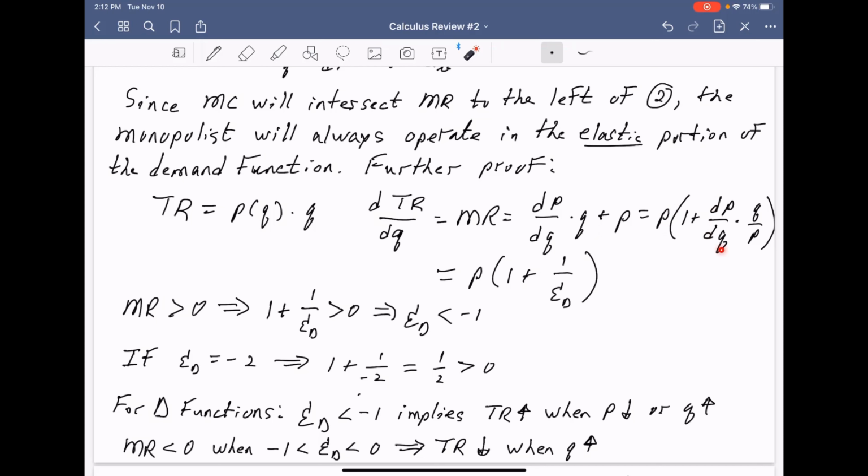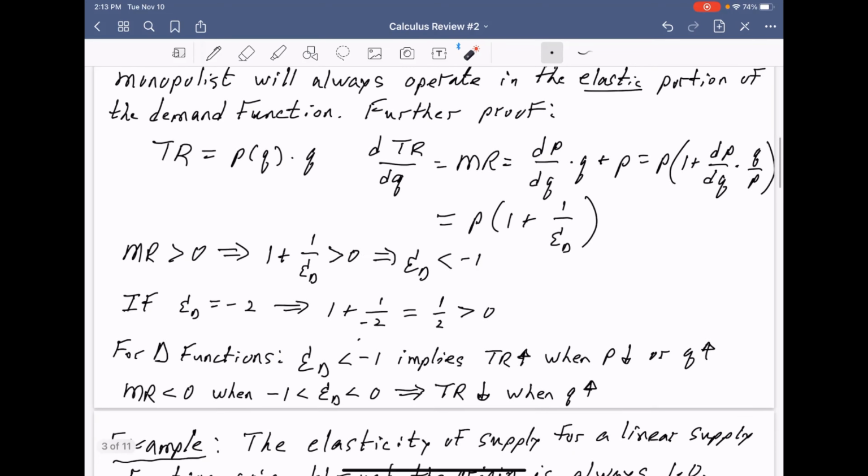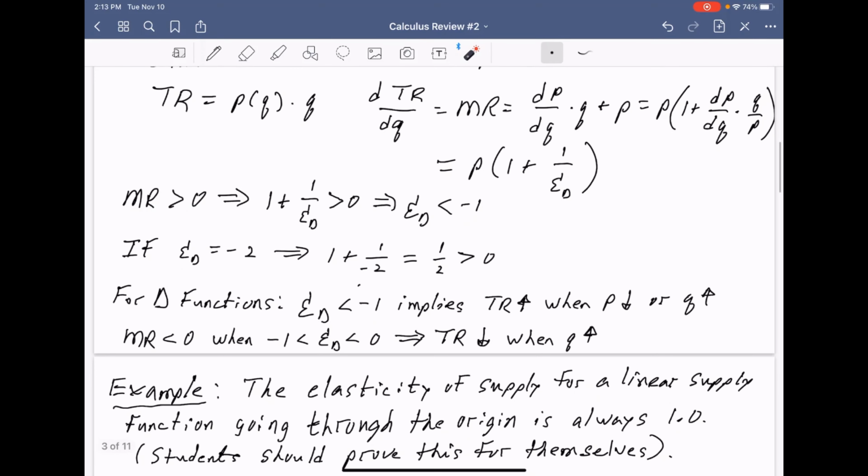And this, you'll see, is the expression for the elasticity of demand, but it's 1 over, because remember, the elasticity of demand is P divided by Q times dQ/dP. So as a result, the marginal revenue is equal to the price times 1 plus 1 over the elasticity of demand.